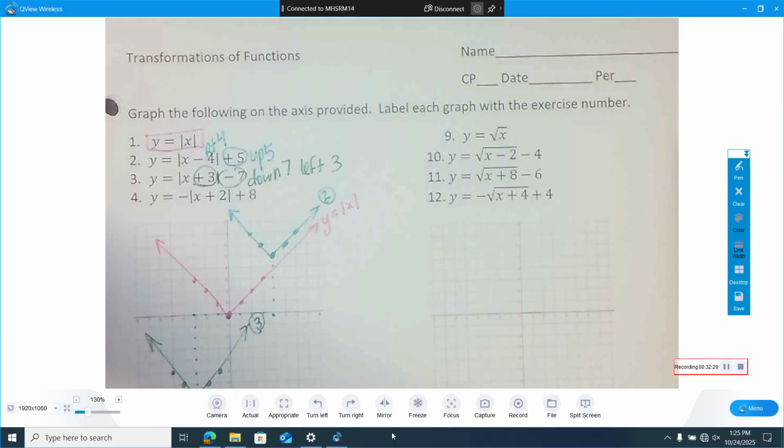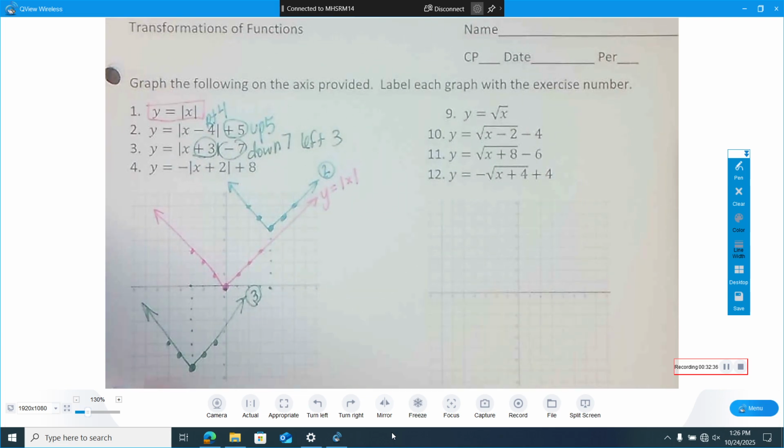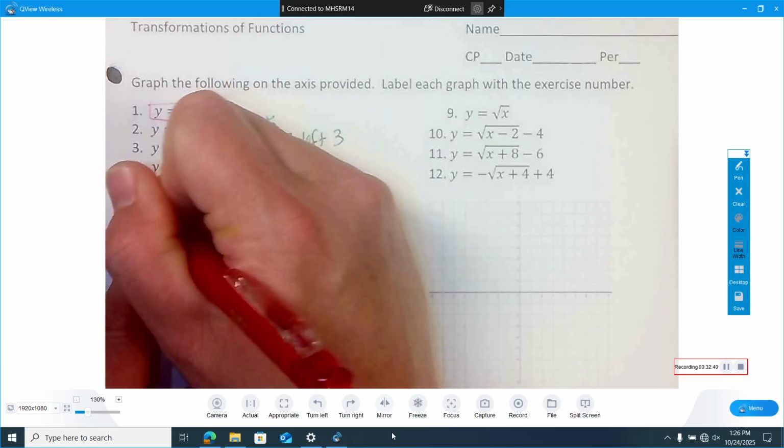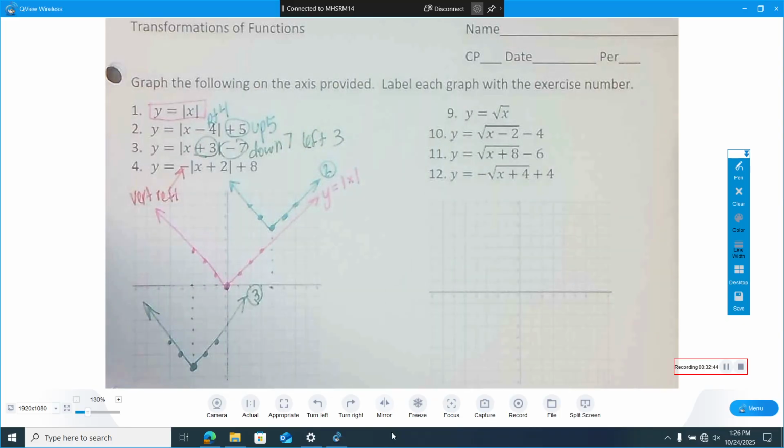All right, and then on number 4, what does the negative do? Yeah, that is a vertical reflection. I call it a vertical reflection because it's changing the direction vertically. We're going from arms up to arms down.